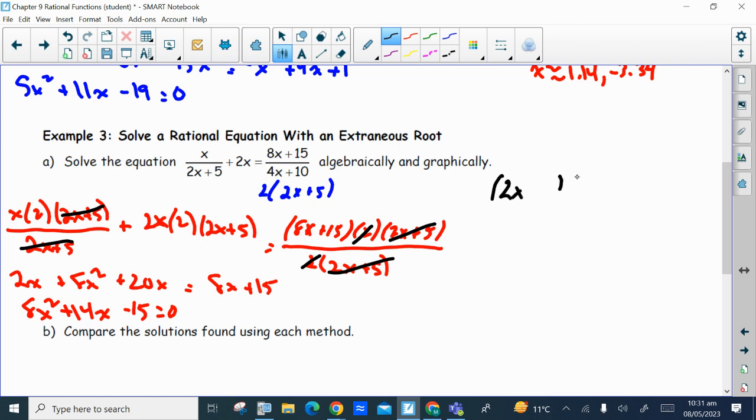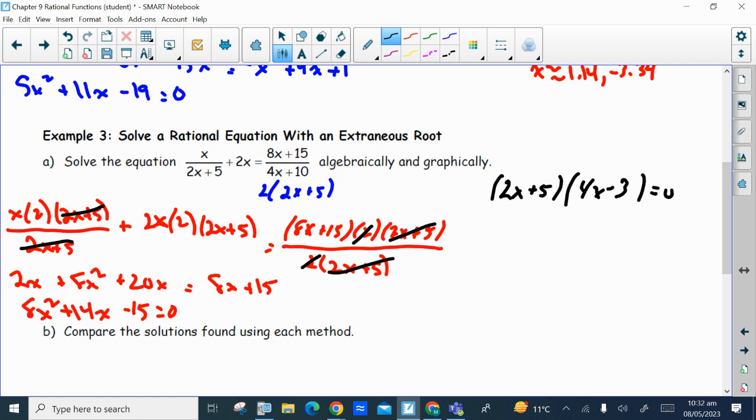The front terms multiply to get 8x squared, so 2x and 4x. The last terms multiply to get negative 15. This will work with the positive 5 and the 2x and the minus 3 with the 4x. Front terms multiply to get 8x squared. The outer factors are negative 6x. The inner positive 20x. Negative 6 plus 20 is positive 14.